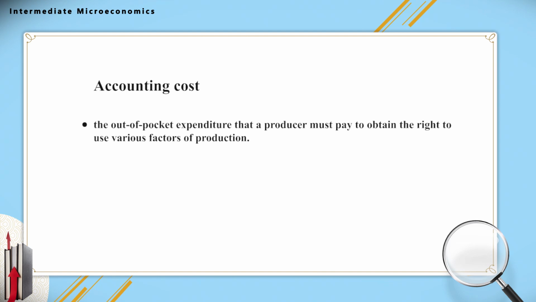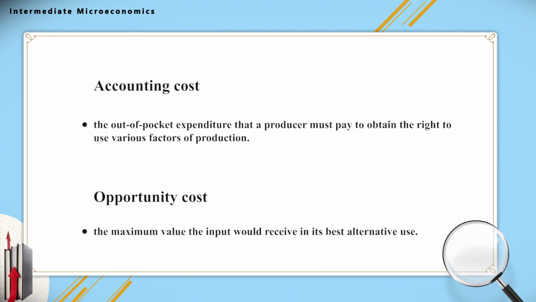From the bookstore example, we can see that economic cost measures the maximum value that input could receive in its best alternative use, also known as opportunity cost. This concept emphasizes the trade-off between different uses of scarce resources. Although opportunity cost is not actual monetary outflow, it directly affects producers' choice of how to use production factors.